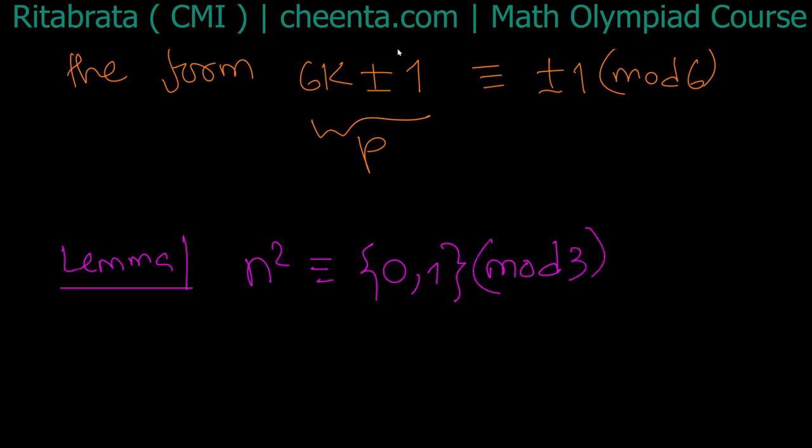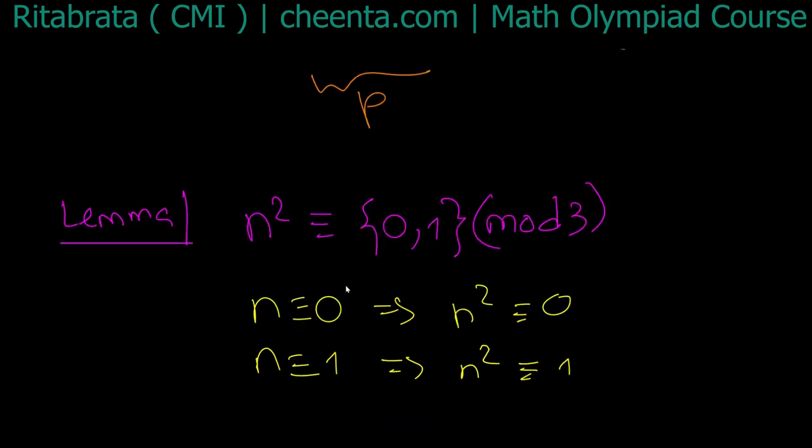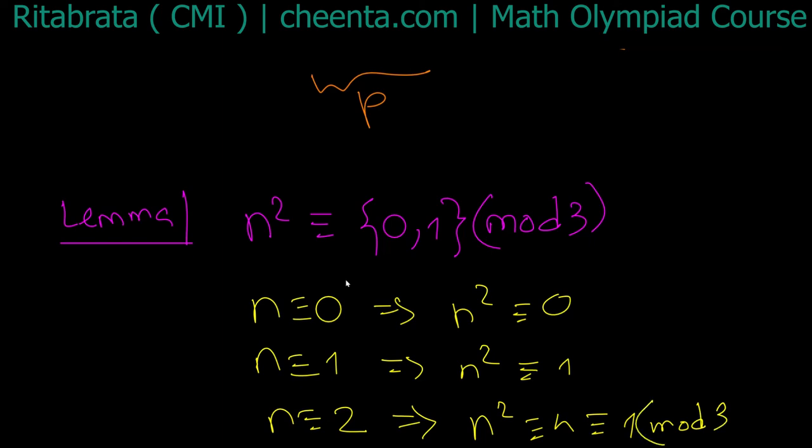If n is congruent to 0, that would imply n square is congruent to 0. n congruent to 1 modulo 3 implies n square is also congruent to 1. n congruent to 2 implies n square is congruent to 2 square, I mean 4, and 4 is congruent to 1 modulo 3. So in either case, the remainder of n square is either 0 or 1.